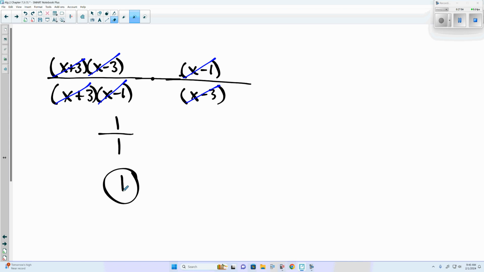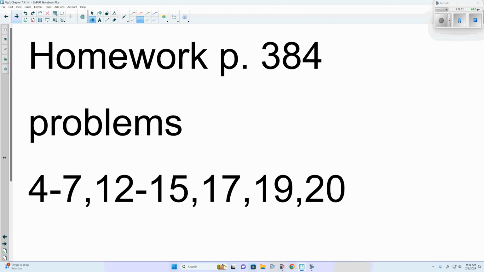The only way we can get 0 is if the numerator becomes 0. The only way we can get that is with addition and subtraction. Since we're doing pure multiplication and division, there's no way for it to get there. And that's it. That is the end of 731.